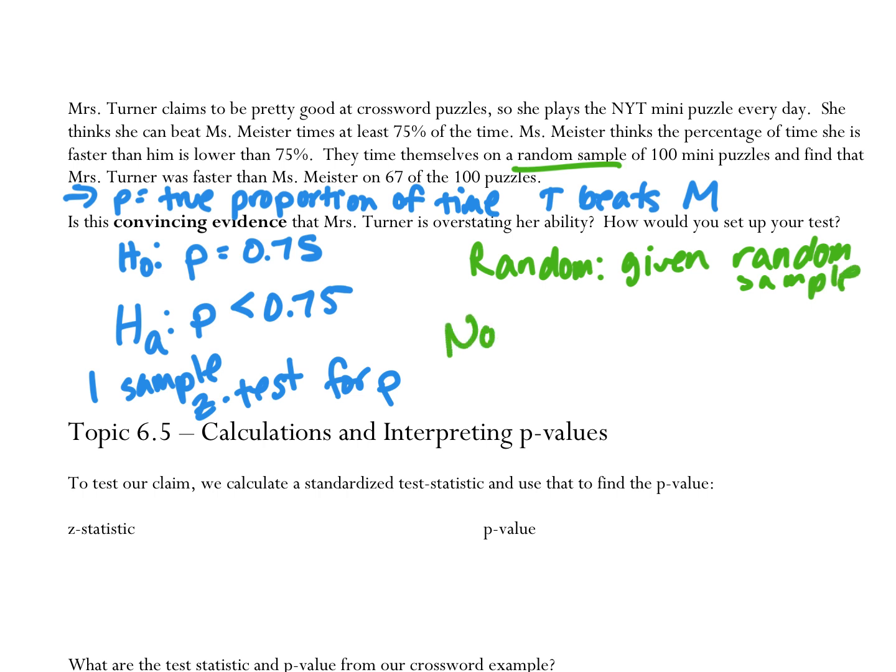Normal. For our normal condition, we're going to say 100 times, what are we assuming to be true? The 75%, the 0.75, yeah? So 100 times 0.75, and 100 times 1 minus that, are both greater than or equal to 10.